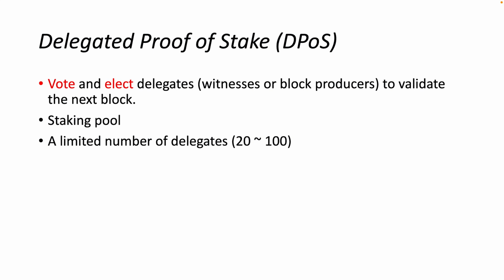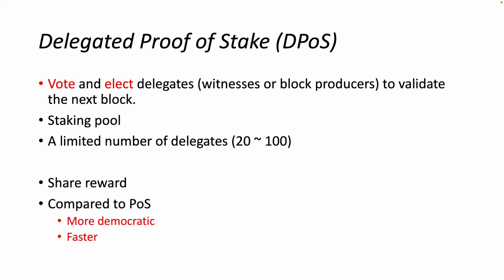The more you stake, the higher a share of the block reward you will receive. The rewards are shared based on each user's stake. So if your stake represents 5% of the total staking balance, you would receive 5% of the block reward. Compared to proof of stake, delegated proof of stake is apparently a more democratic way of choosing who verifies the next block, right?